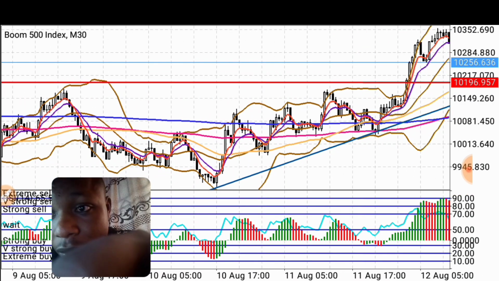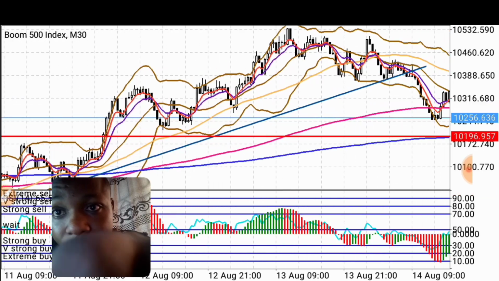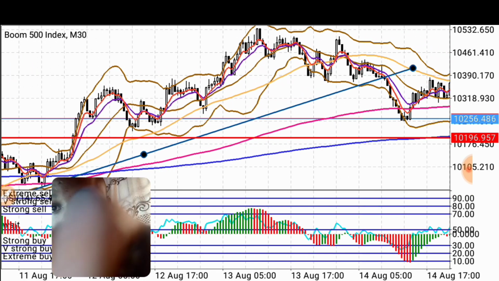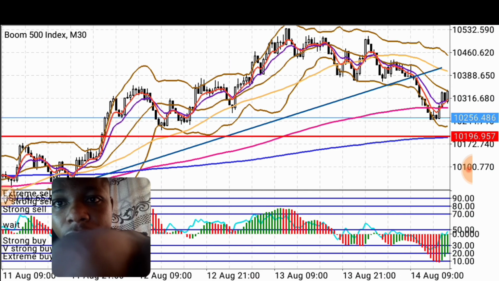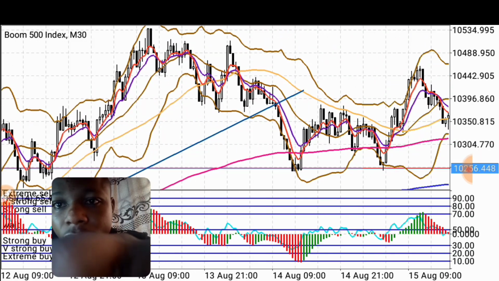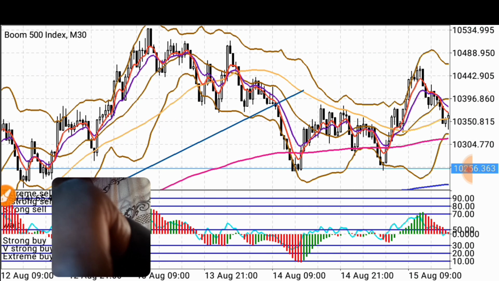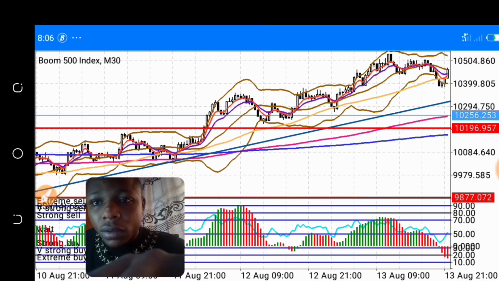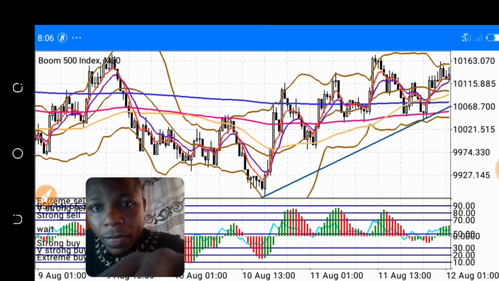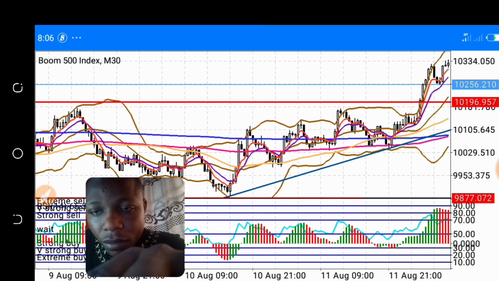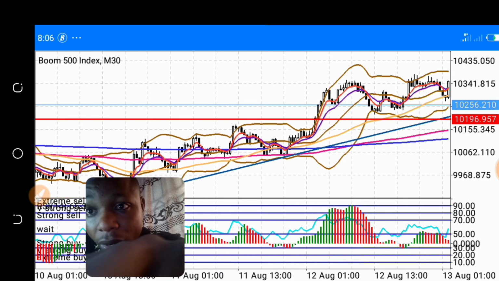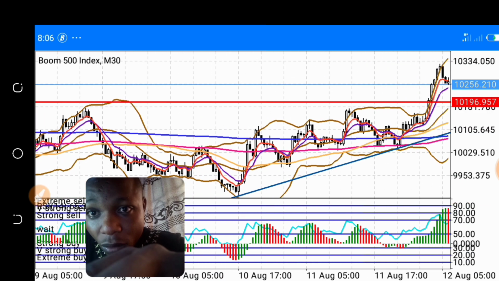Let me see if it is correct. Yeah, it broke it down here just because the market has been buying for long. Since this level is not working, you have to draw lower levels, because this is the lower low.